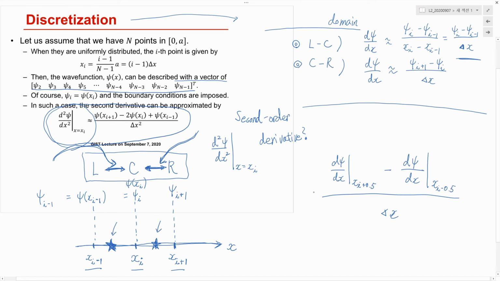That would be a good approximation for our second order derivative.